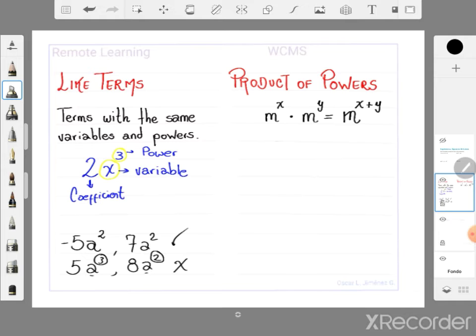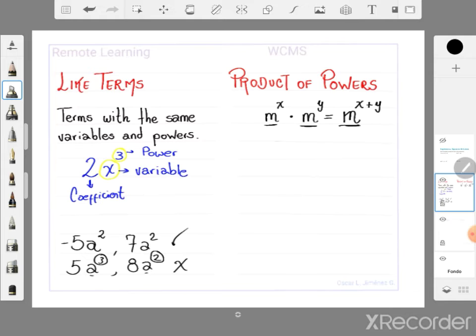Now, the second thing we need to remember is the product of powers. This is a rule for powers. When you multiply powers with the same base, you keep the base, but what are you going to do with the exponents? You are going to add the exponents.